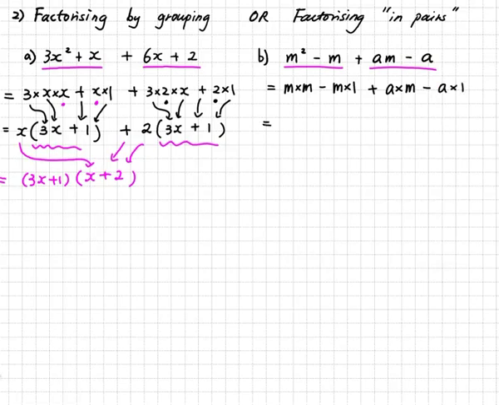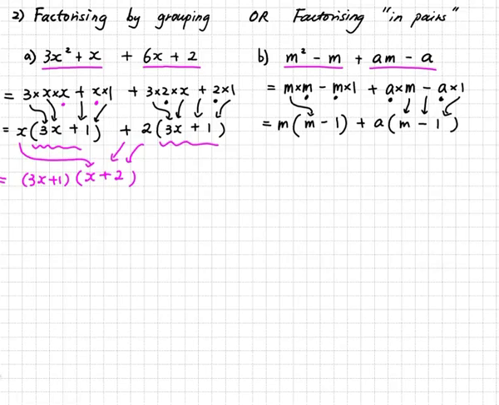Let's continue to take the common factor out. I have m as a common factor, and whatever's left goes inside the bracket: m minus 1. Plus, for the second group, I have a and a. a is a common factor, so I'm going to take it out and put the brackets on, and whatever's left goes into the bracket.